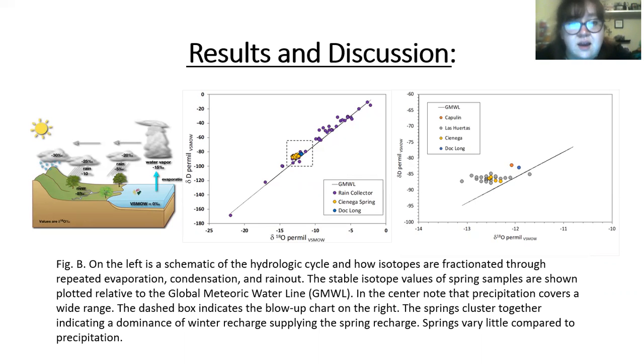Then we see Daklong and Cienega. Both of these samples fall right in the middle between both of these. I had collected samples from both a winter season and a monsoon season, here in the summer and in the winter of the school year. And finally, we're looking at the very far right graph. We looked at Capulin, Las Huertas, and then again Cienega and Daklong. We basically compared those springs to each other.